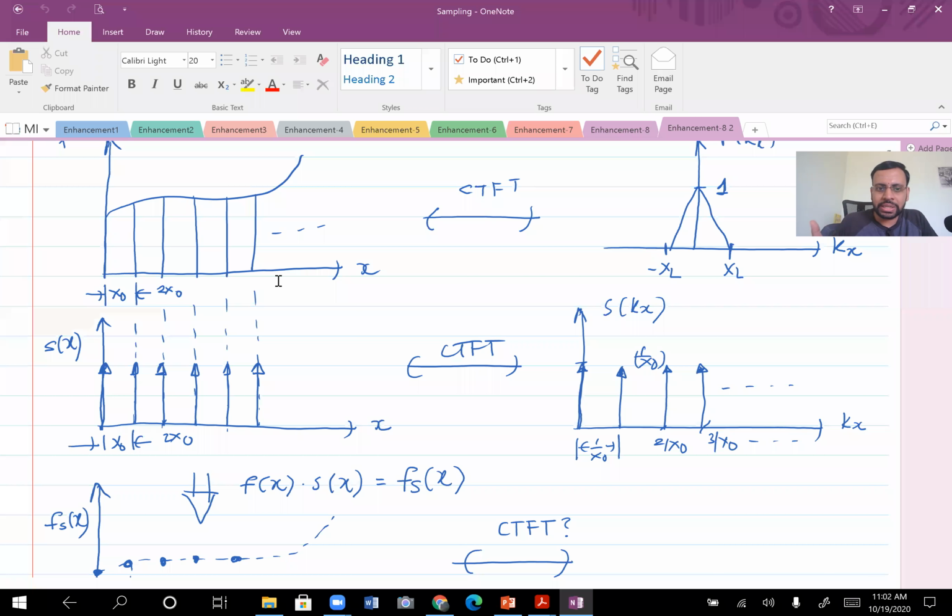How is this Fourier transform related to the Fourier transform of the original signal? And then is it possible to get back your original signal from this Fourier transform, provided you are taking enough samples of this original signal? This is the key problem that we are trying to address.